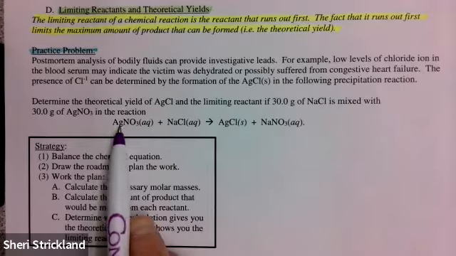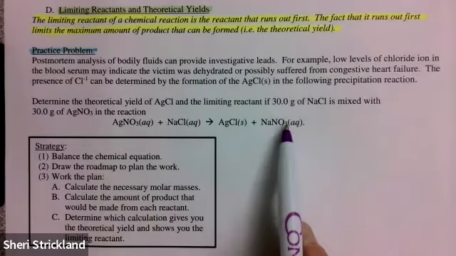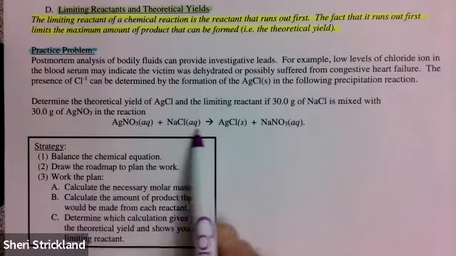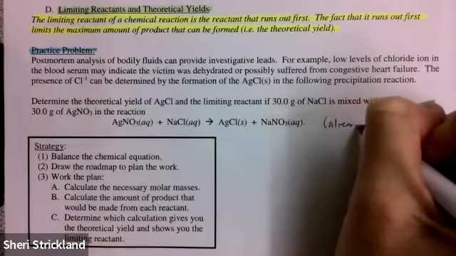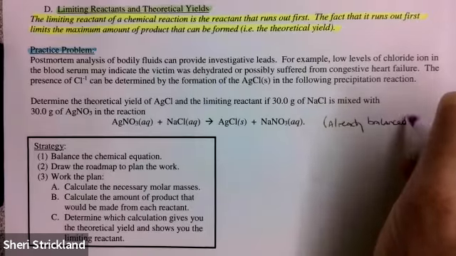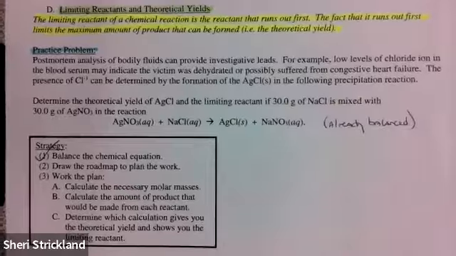All right, but in this case, one silver on both sides, one nitrogen, 3 oxygens, 1 sodium, 1 chlorine. So it's already balanced. All right, so we can check that out. Now we're going to draw the roadmap to plan the work.